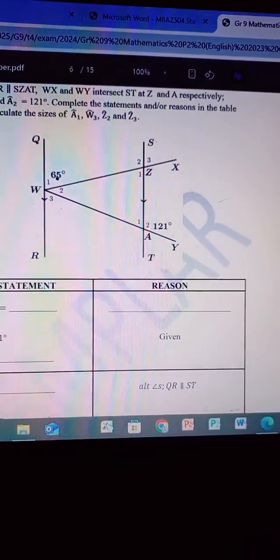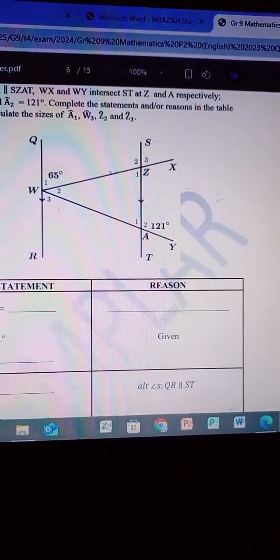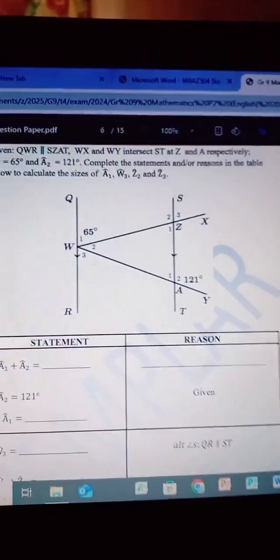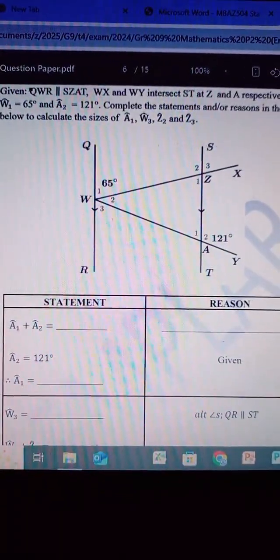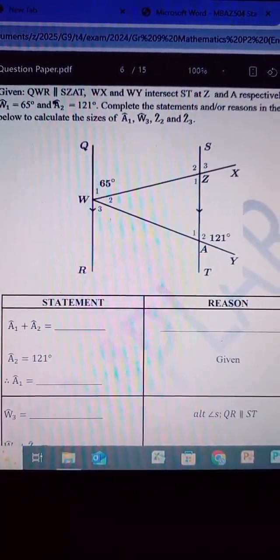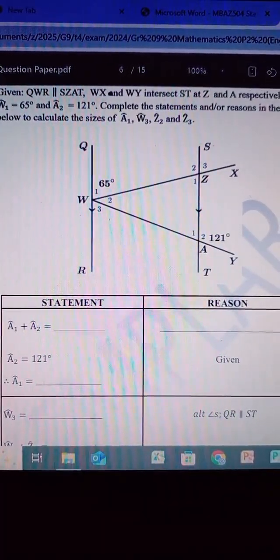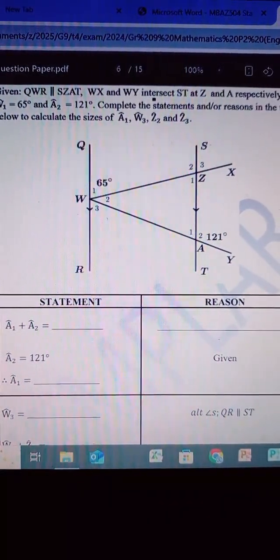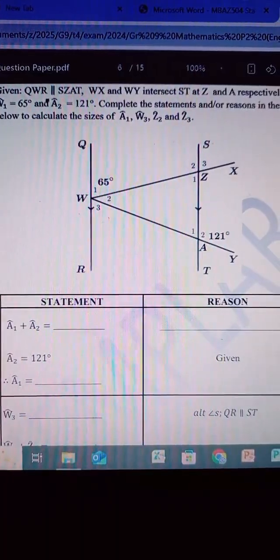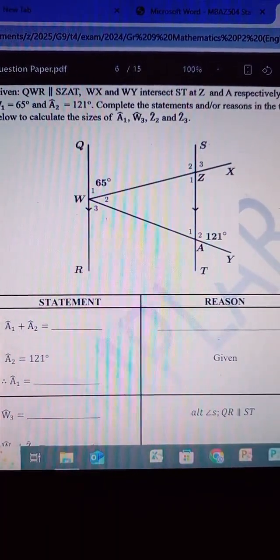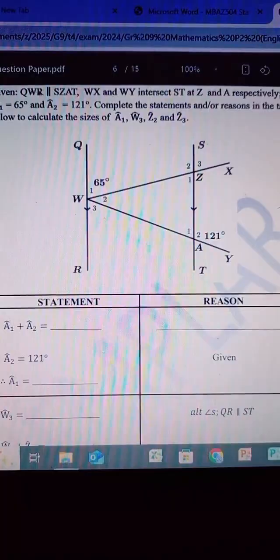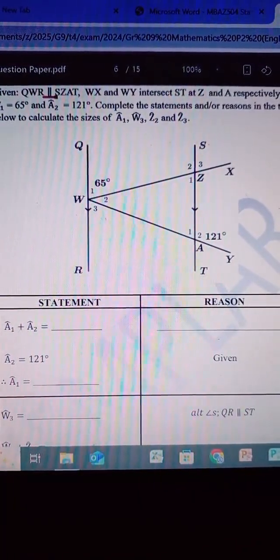Let's see what we want to do here. So this is 65, which means, okay, given QWR, SZA, WX, and WY intersect. This means parallel.